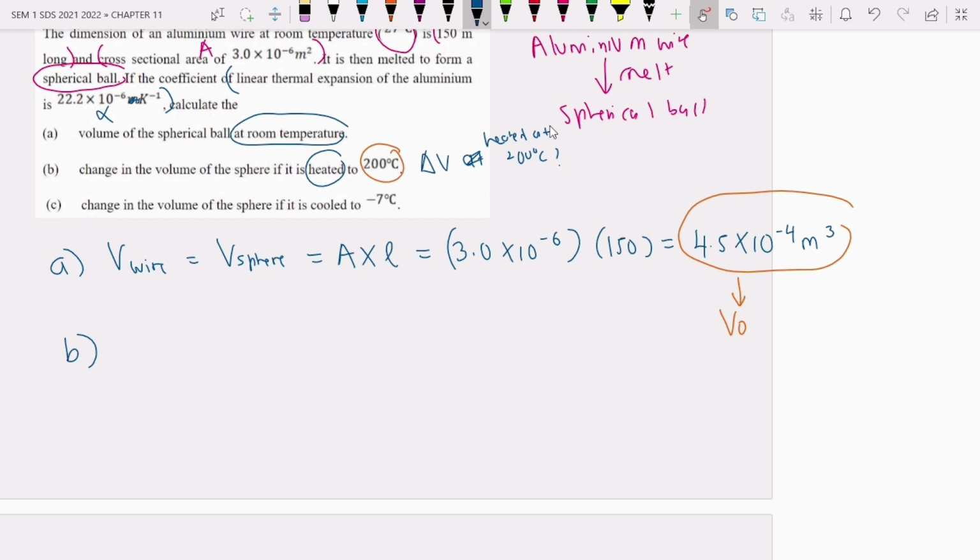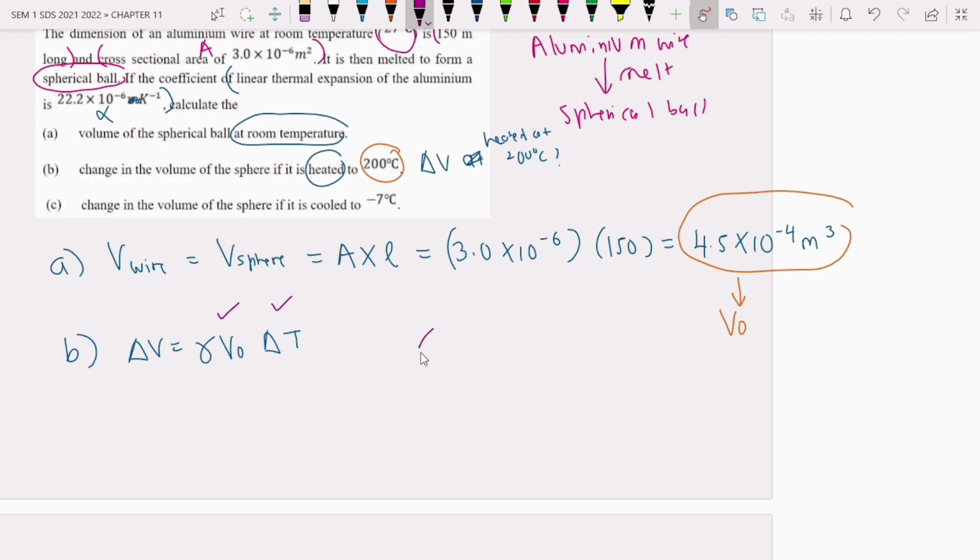First of all, we know the change in volume is equal to the coefficient of volume expansion times the initial volume times the change in temperature. We have the information for the initial volume and we can find the change in temperature, but we don't know the value for the coefficient of volume expansion, but we can find it.